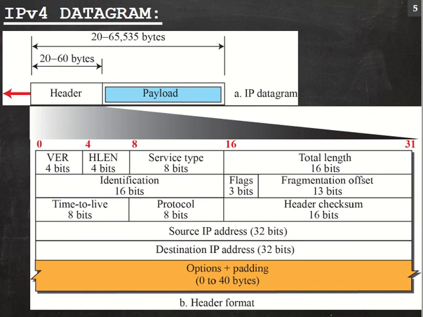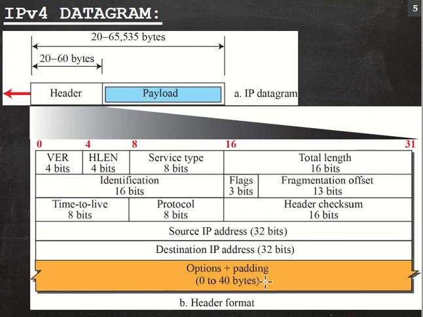So that 32-bit address will be specified in this source address. Similarly, the next one is destination address. This will be the address of the destination. Either this will be known by the protocol that uses the service of IP, or it will be provided by DNS. So that particular 32-bit address will be specified in this field.